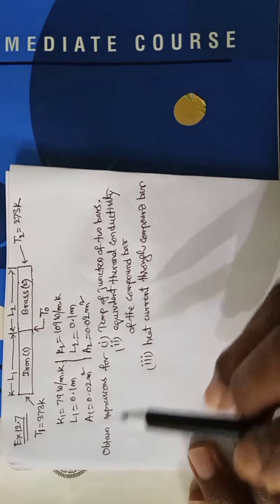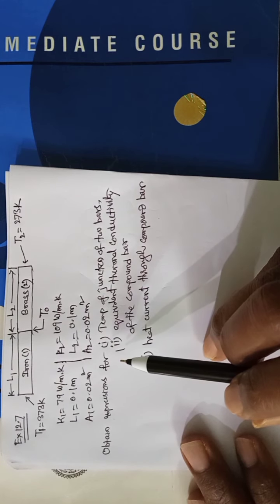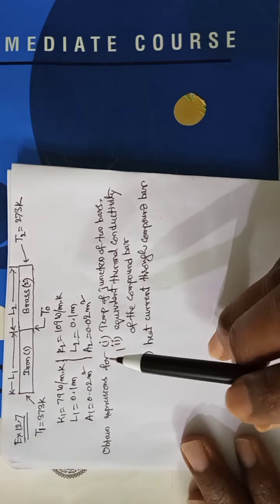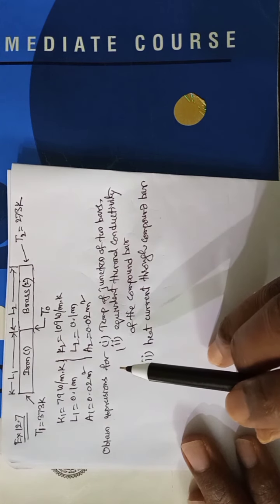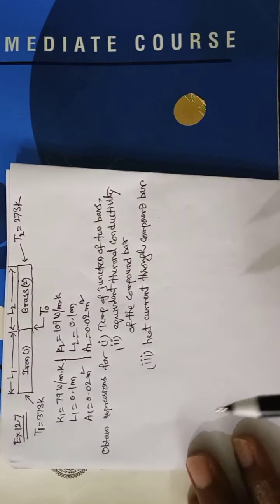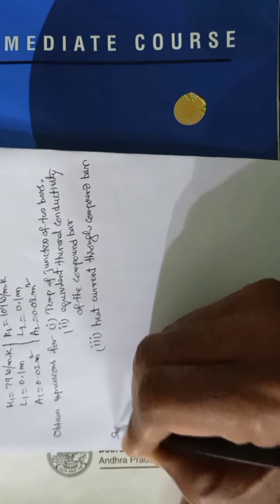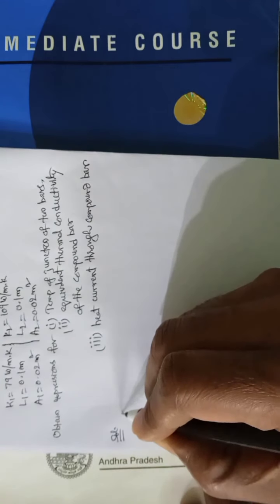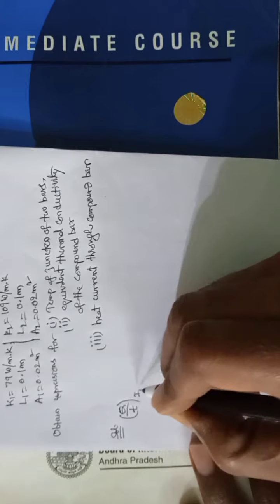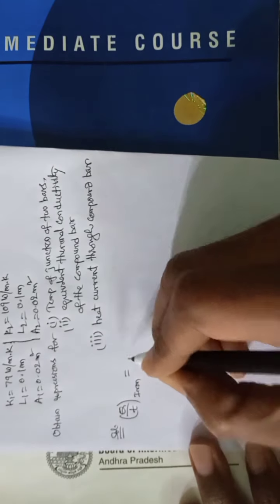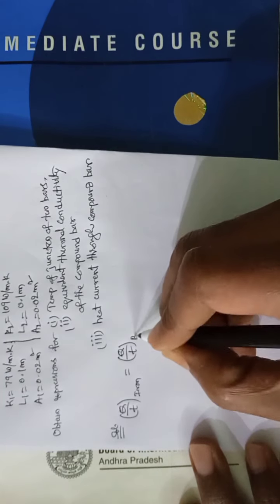Now one thing we observed previously: when heat is flowing through a compound bar, the rate of heat flow is the same at any point. So now I can write the solution. The rate of heat flow, that is Q by t, in iron is equal to the rate of heat flow in brass.